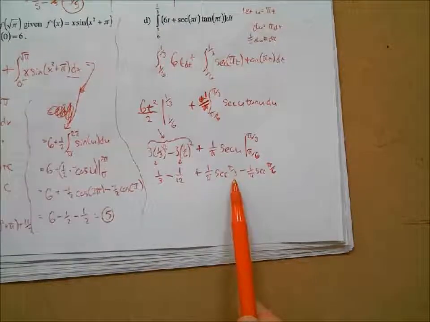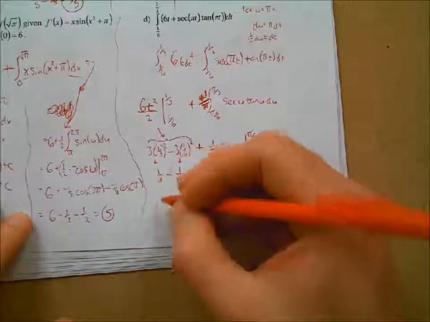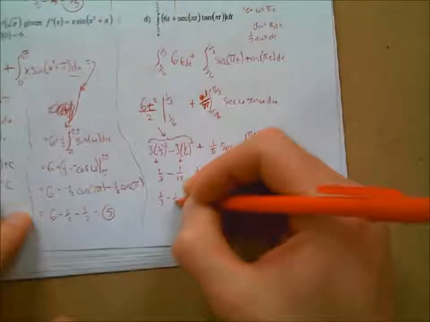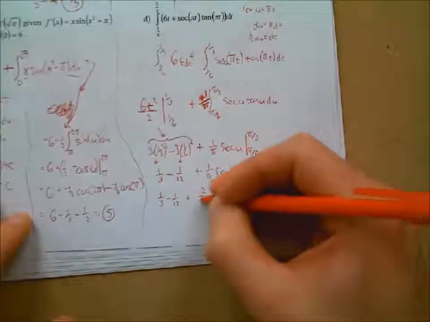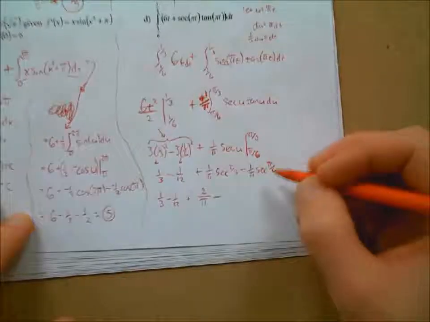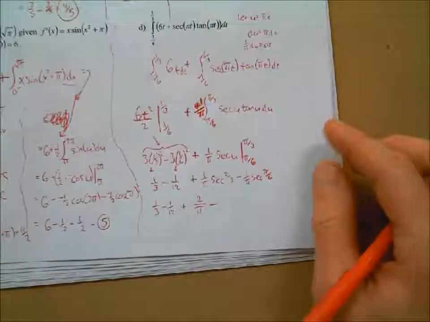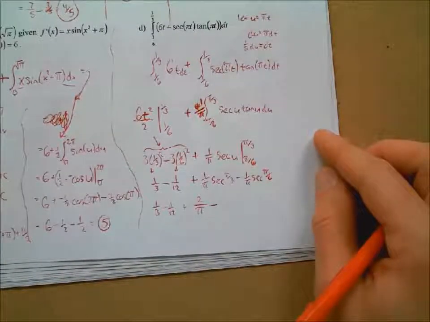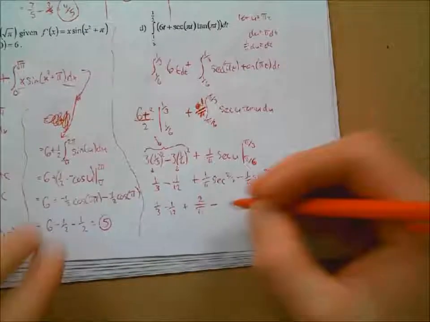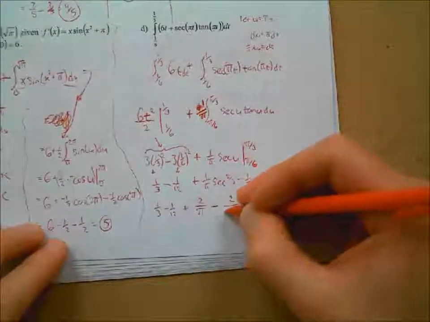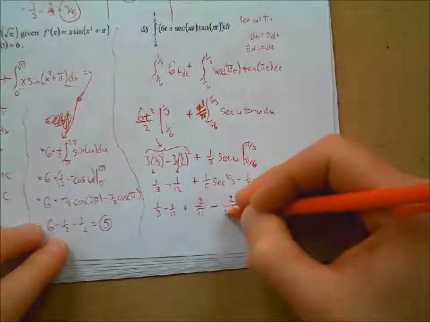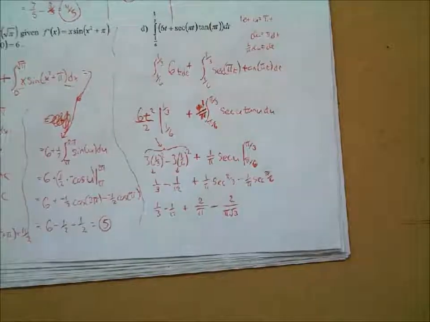Reciprocal of that would be 2. So it's going to be 2 over pi there. Minus, and then secant of pi over 6, well, cosine of pi over 6 is root 3 over 2, so it'll be 2 over root 3. So something like that.